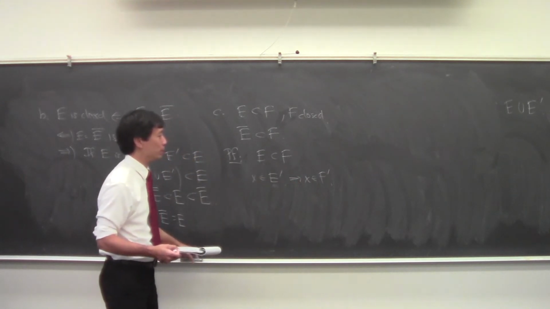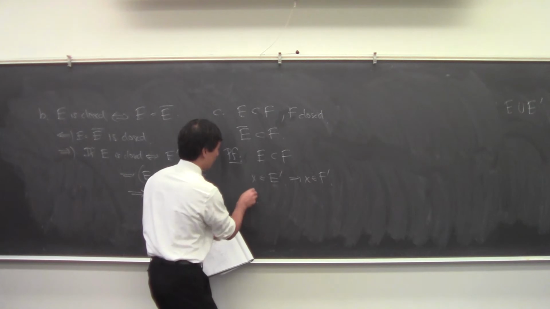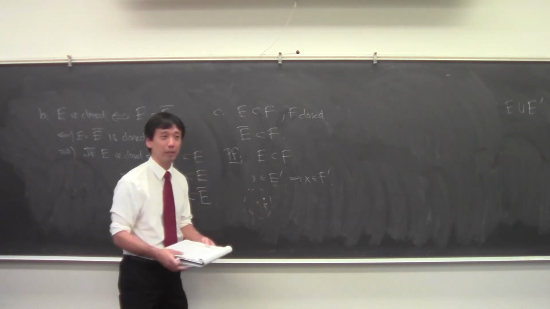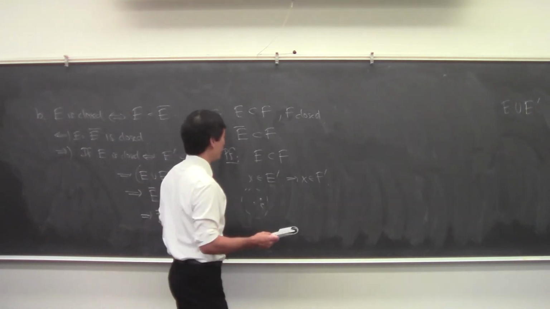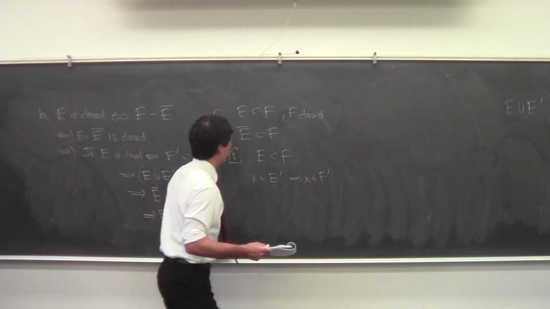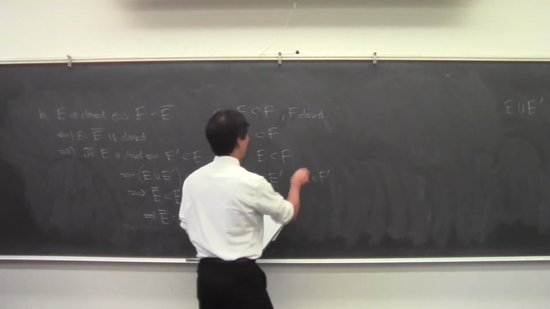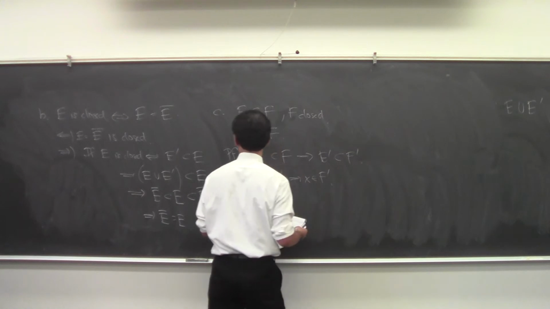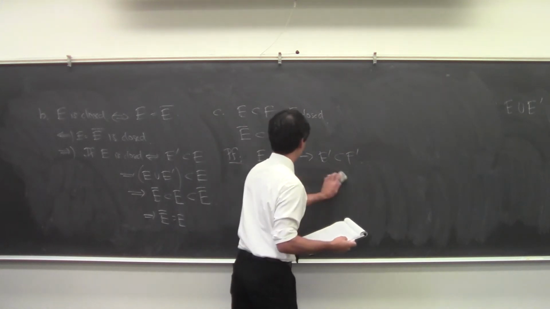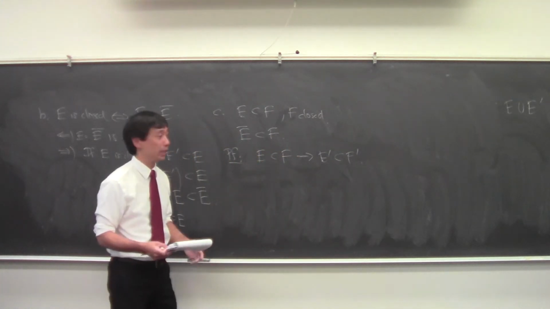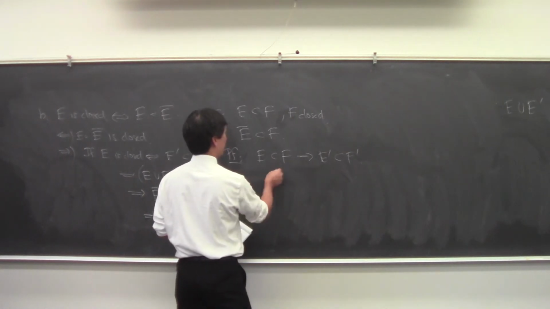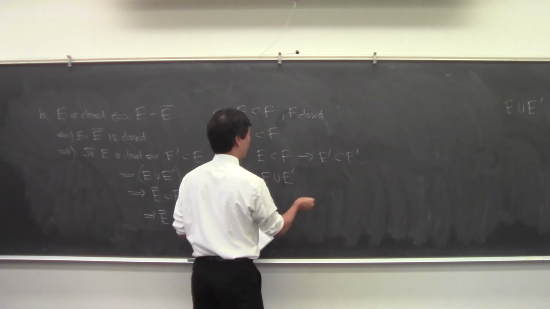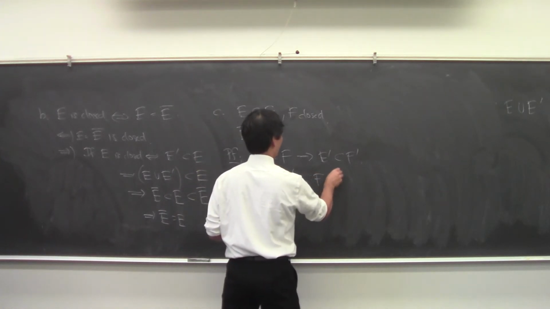Limit points of E are limit points of F, because every punctured neighborhood contains some element of E, but E is contained in F. So E contained in F implies that E prime is contained in F prime. But then E union E prime is contained in F union F prime.